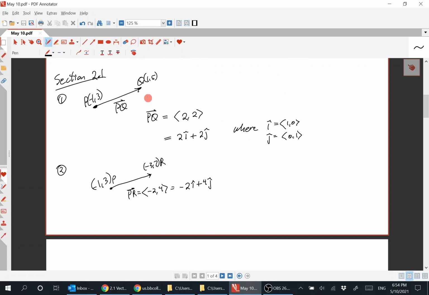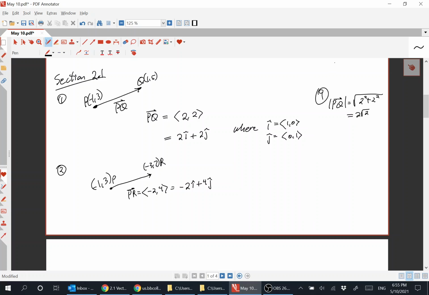The length of PQ is the square root of the components squared, so that's 2 squared plus 2 squared, which is 2 square root 2, or square root of 8. So that's the length of PQ.